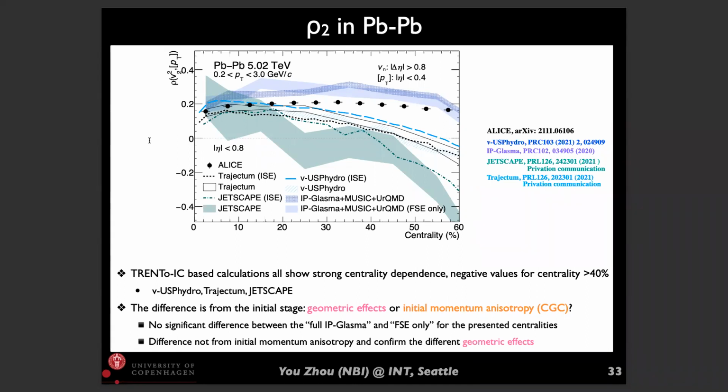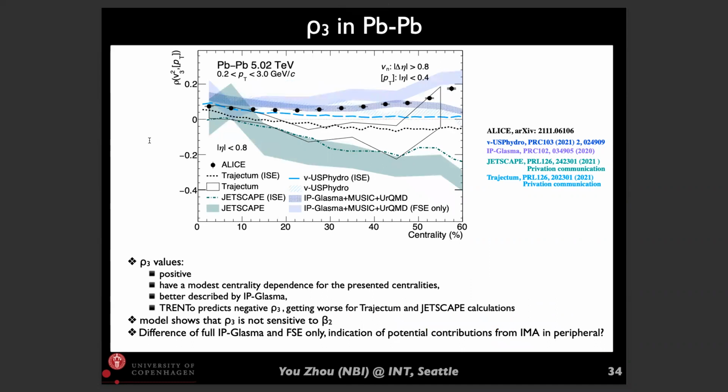I agree. But at that time when we were writing the paper, we would ask, what are the main differences between these calculations? Why does IP-Glasma work slightly better, or significantly better, in peripheral collisions than all these TRENTo calculations? Is it because of the model itself or something else? Similarly, the v3-pT correlation is always positive in data, which is also the case for the IP-Glasma calculation.